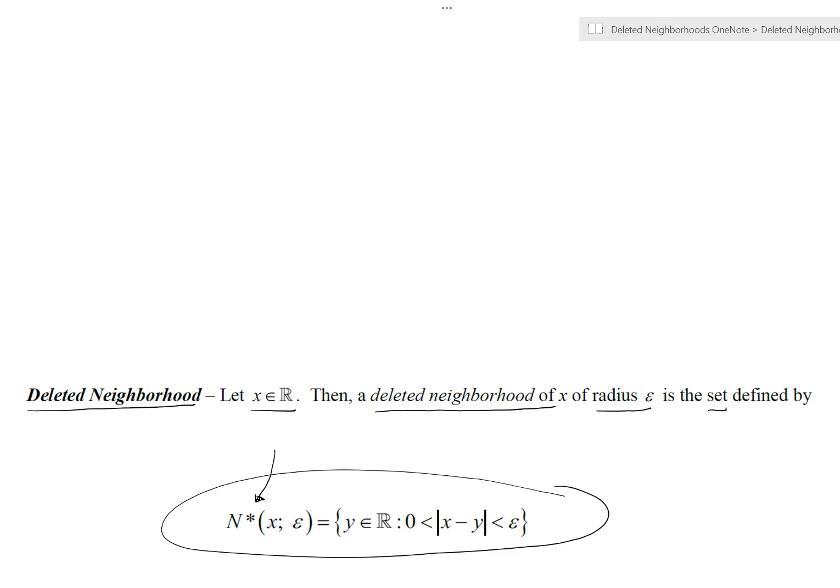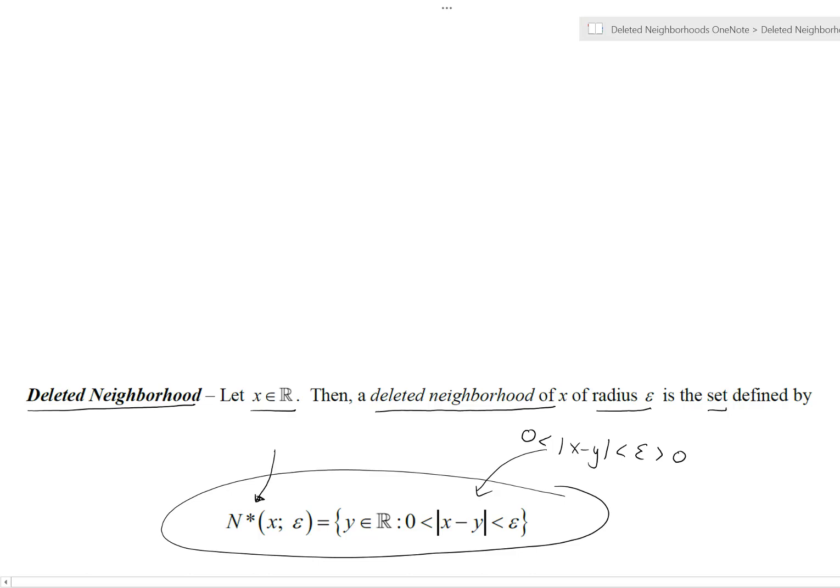The big difference, besides the notation, is that not only do we need the magnitude of x minus y to be less than epsilon, which we're assuming to be a positive number, we also need the entire magnitude to be positive.